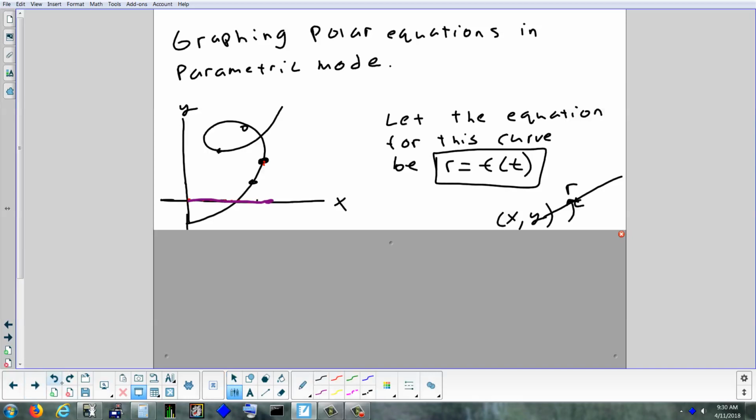All right. So first of all, in polar, what are the two things we're dealing with? Two letters. Yep. So we're going to have r's and thetas. And when we get to parametric, what are we dealing with there? What kind of axis or what kind of grid does parametric use?